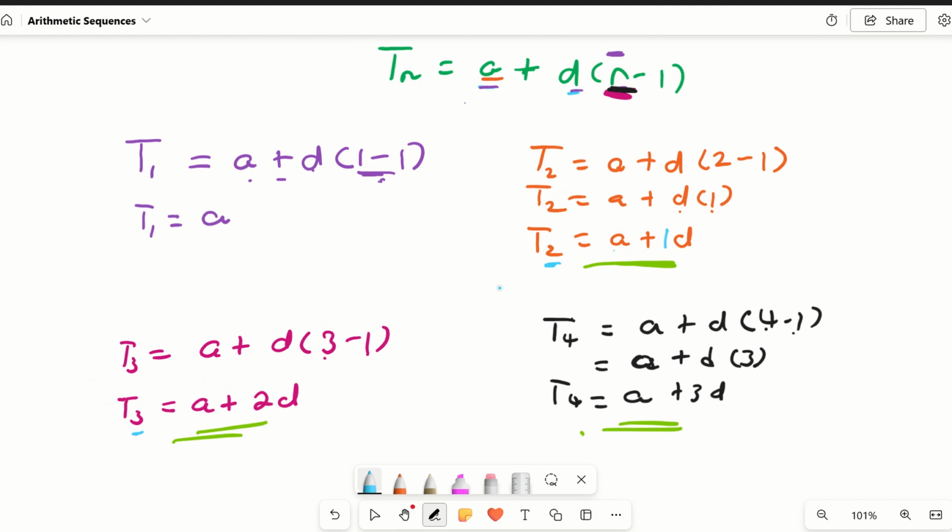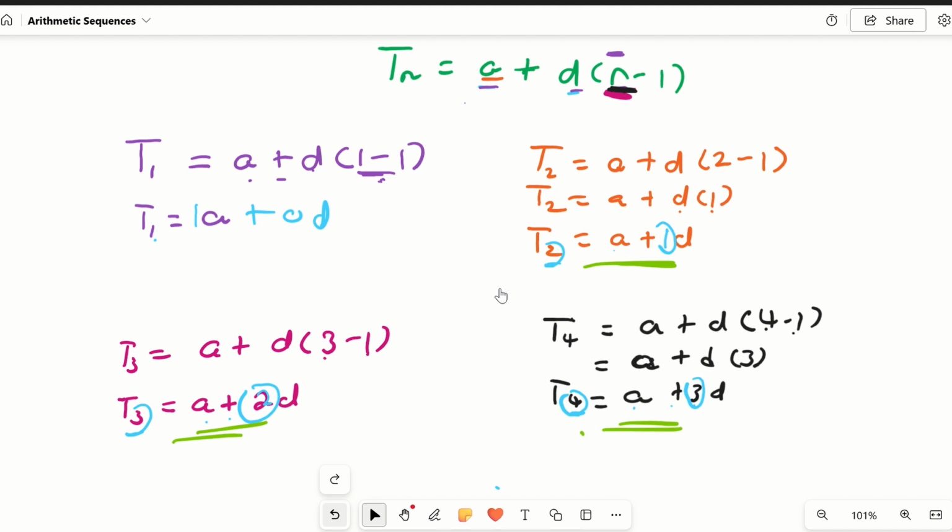For T3, we've got A plus 2D. For T4, we've got A plus 3D. You see that whatever we have here is 1 less than what we have there, and so on down the line. This is 1, this is 1, this is 1 less, so it's 0.